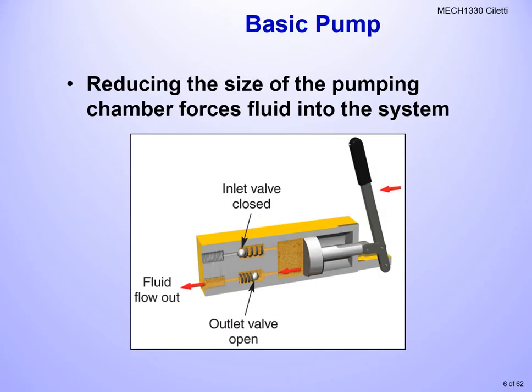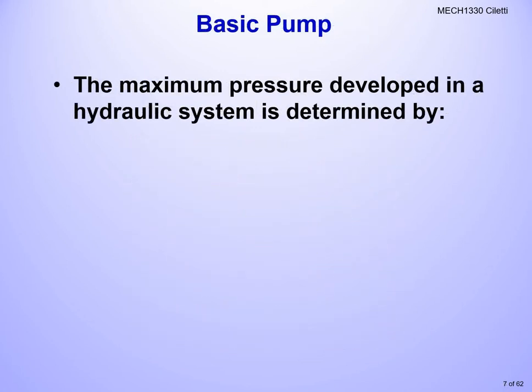So we can constantly pull on this lever back and forth, increasing and decreasing the chamber size. If you've ever used one of those old school red bicycle pumps, going up and down on the cylinder, that's essentially what you were manually doing to fill your bike tire.